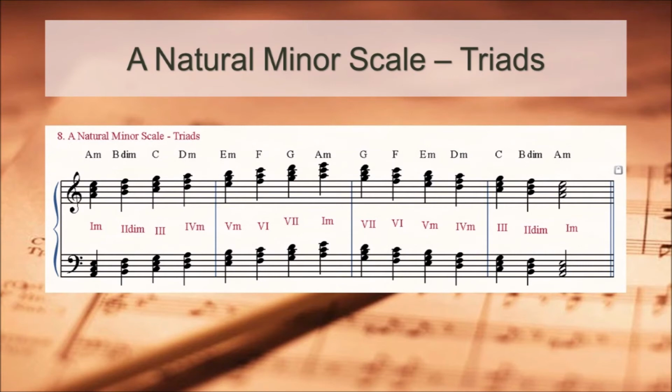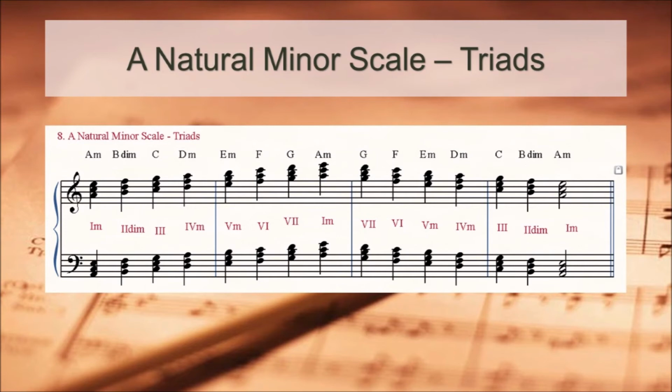The fifth chord, which I've talked about before, here's the E minor, the dominant chord. It's the fifth chord with a G natural in it. So it's an E minor chord. The sixth chord is an F major. The seventh chord is a G major. And we're back to the tonic.